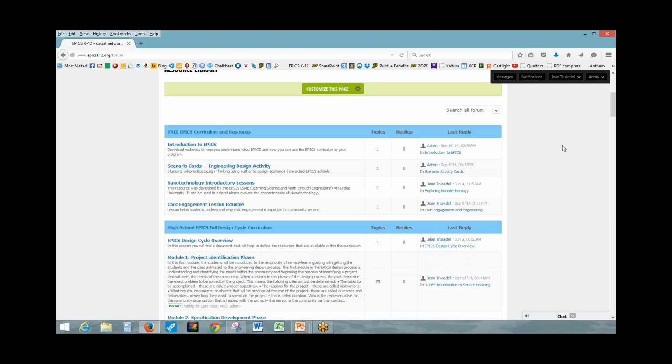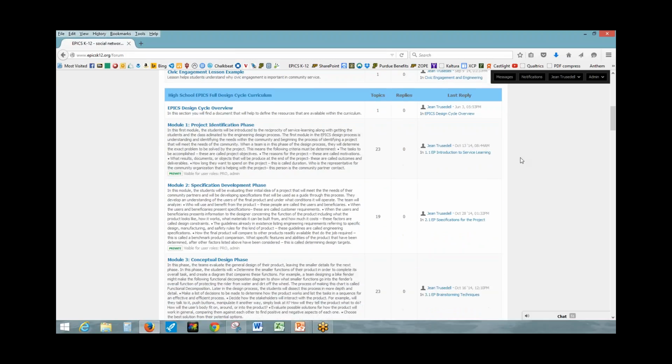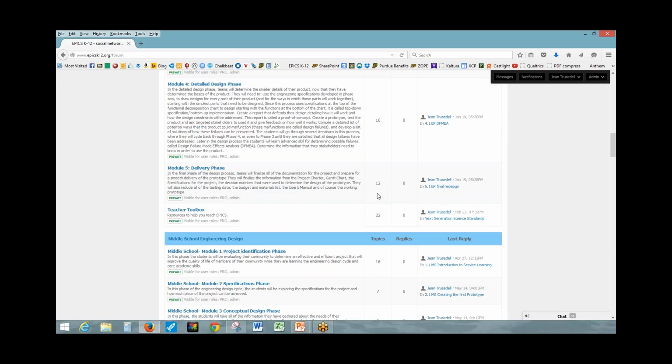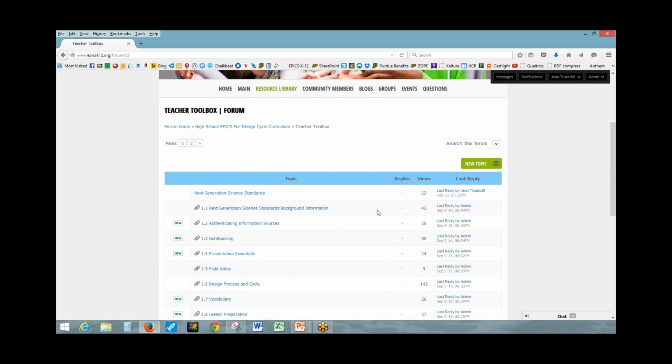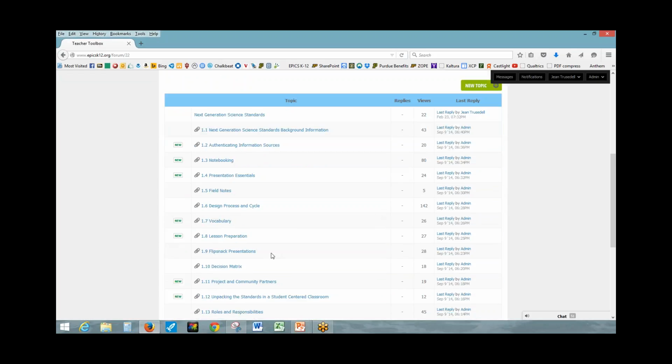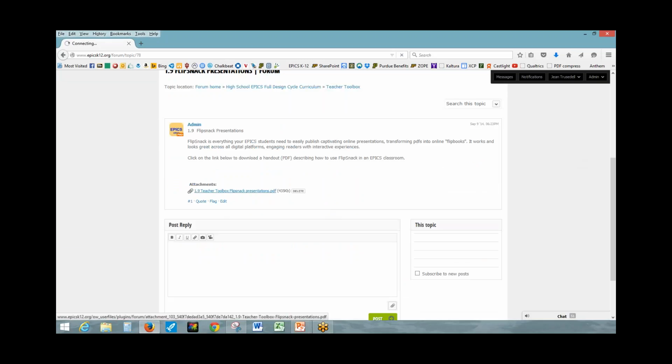If you scroll down into the second category, at the bottom is this teacher toolbox. If you click there, there is a document for Flip Snacks 1.9. This is something you could print out for your kids, and hopefully you're seeing this document come up here in a second.